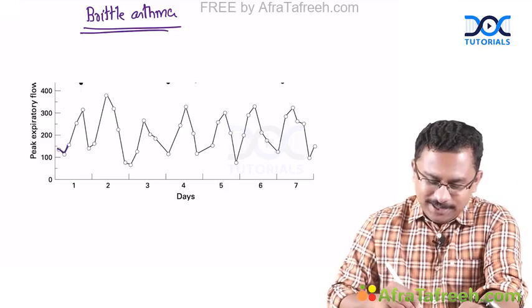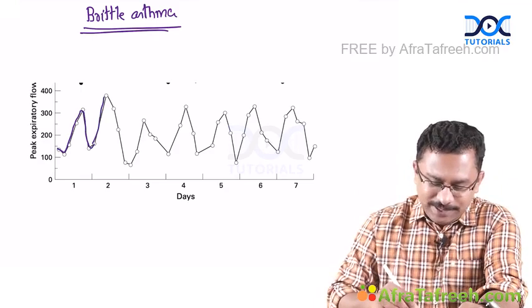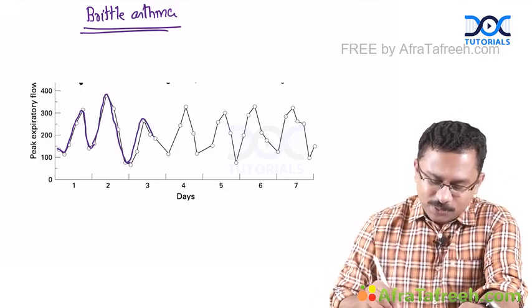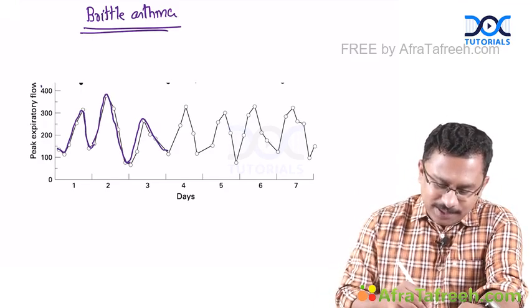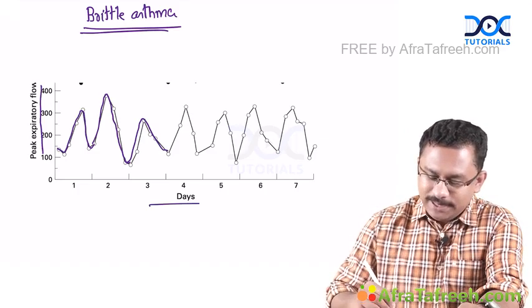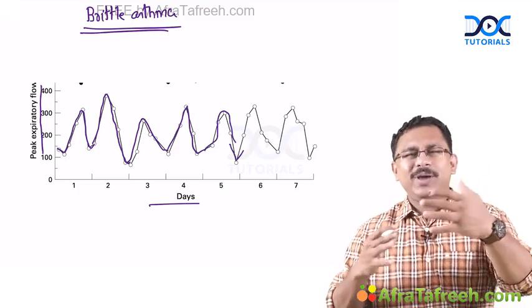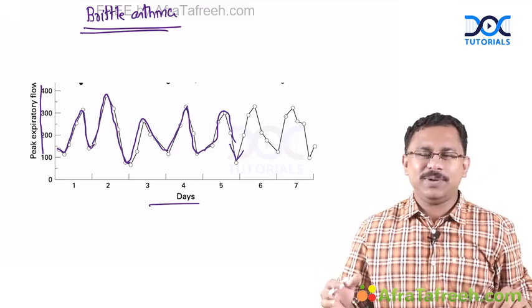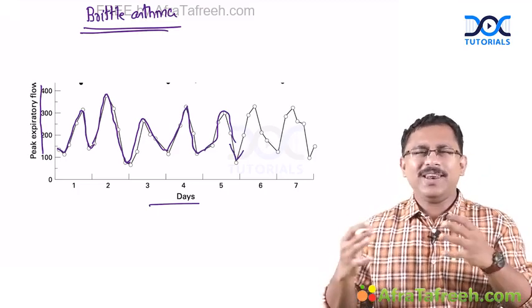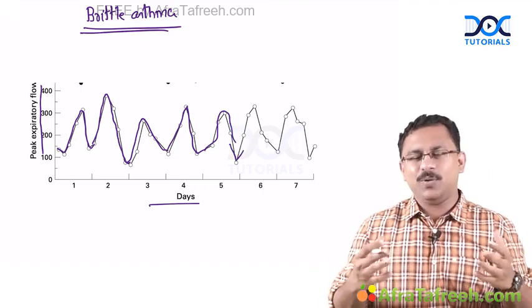You see the frequency of episodes, he's having so frequent episodes. This is the graph showing the peak expiratory flow and the days. You see here he's having a lot of variability in his lung function as well, a lot of variability in his peak expiratory flow rate.